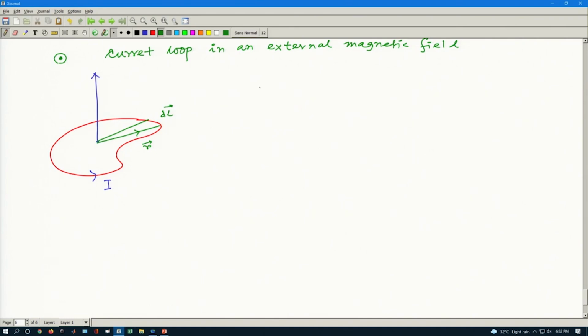So, the force on this current element, dF, is equal to the current element cross the external magnetic field. That is the force one can have. I have an external magnetic field here in some direction, and that will produce some kind of force on this current element dl.